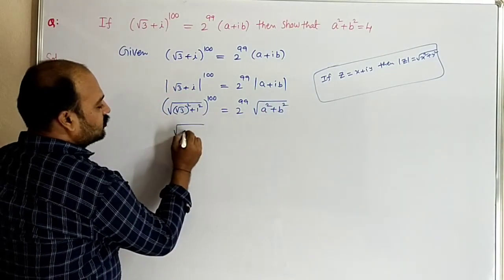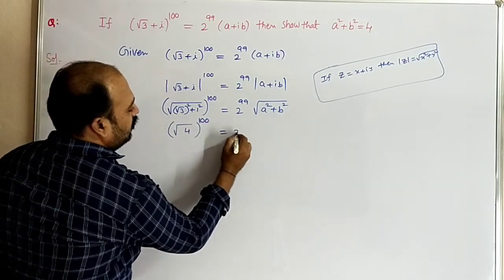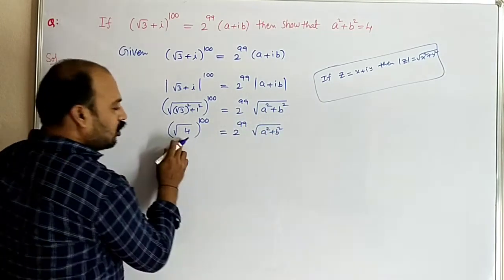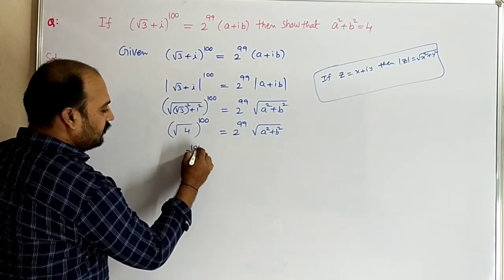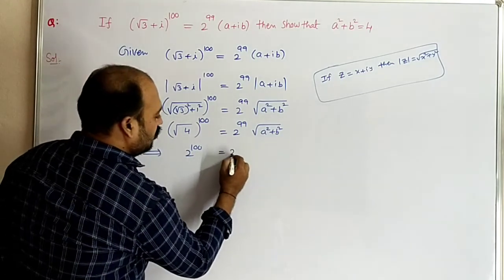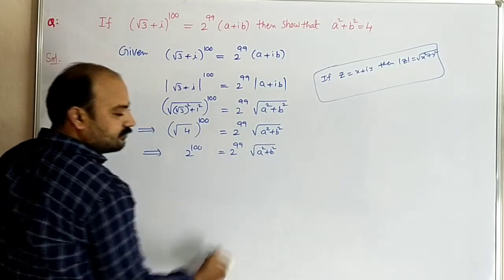Square root of 3 plus 1 is 4, whole power 100, is equal to 2 power 99 into root of a square plus b square. Root 4 is 2, so 2 power 100 is equal to 2 power 99 square root of a square plus b square.